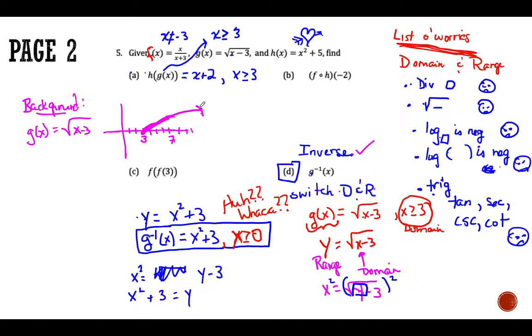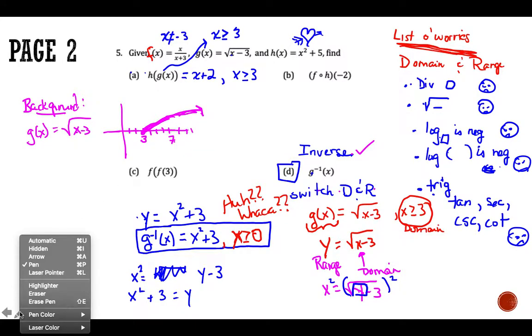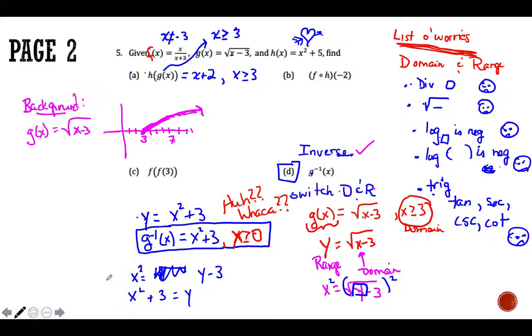This is what the graph looks like. When you plug in numbers for x, you get this, right? Half of a sideways parabola. When you switch x and y, when you switch the domain and range, you're going to take this, and I claim that you get x squared plus 3.